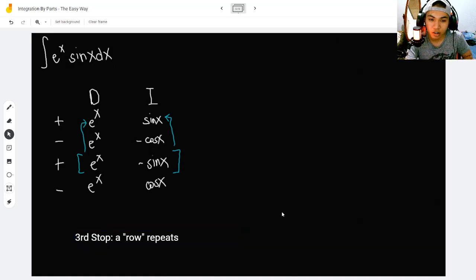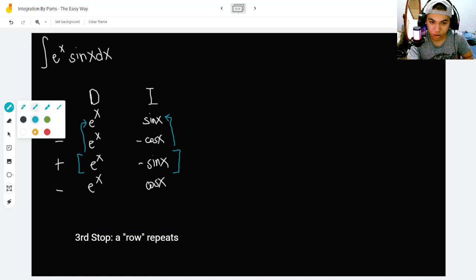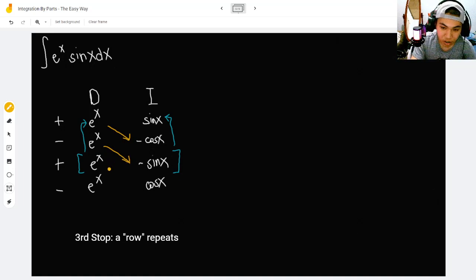Now we just have to multiply these. Okay, and then we actually have to stop here. So we do not include the following, since it already repeated. We do not have to include whatever is in the bottom. All right.